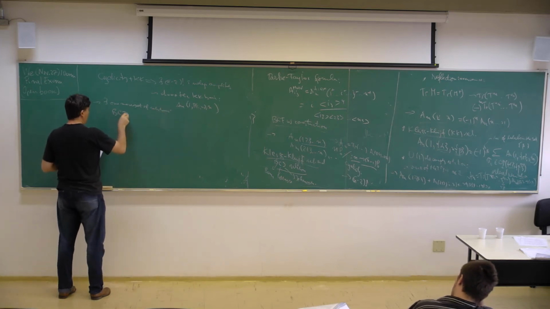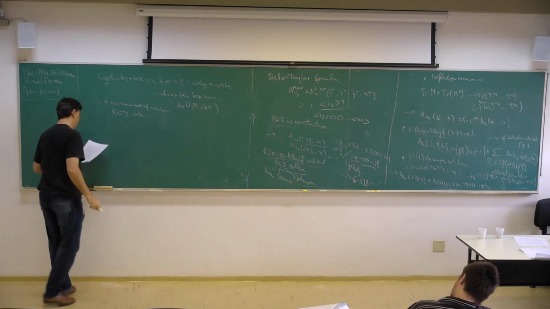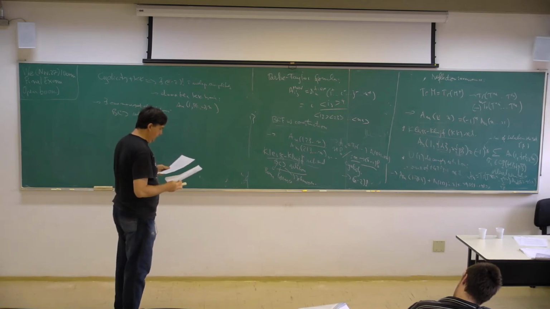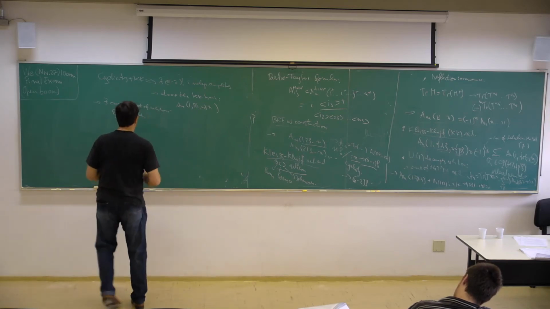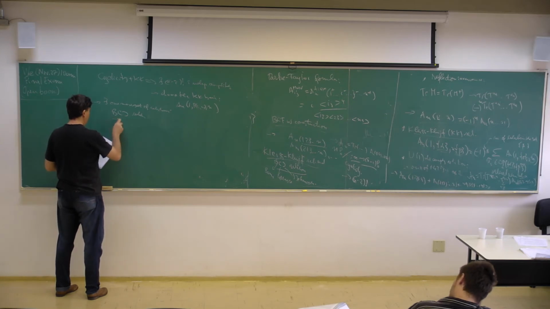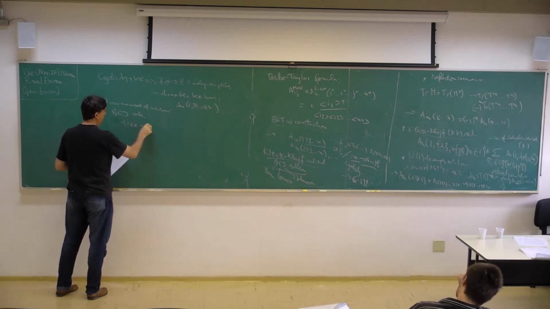These are the Bern-Carrasco-Johansson relations, and they are a little bit more convoluted to understand. We have to think about how the cubic amplitudes are written.